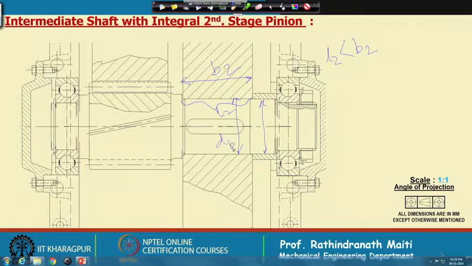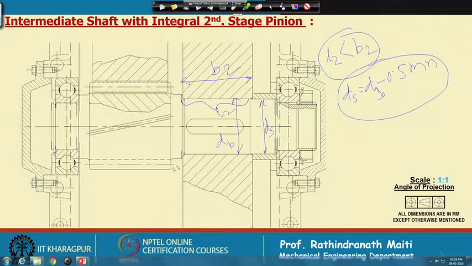Say D bearing and D S, then D S might be simply D B minus 0.5 millimeter. So, that this spacer can be put, and this finishing here and finishing here may not be the same, it is not required at all, and we do not have to drive the long way. So, for that, this always when we are developing the detailed drawing, that we have to keep in mind.